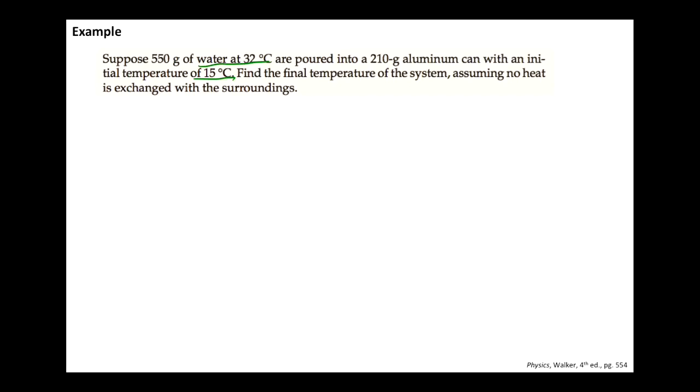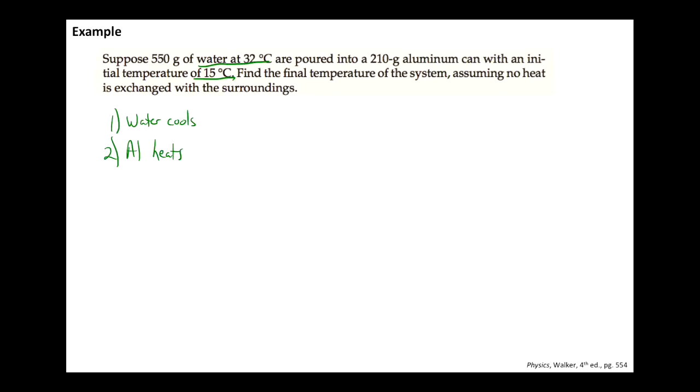We know that our final temperature will be somewhere between 15 and 32, just because of the direction of heat flow. So we could write a couple of things down. First of all, we know that the water is going to cool, and the aluminum is going to heat. Al heats. Anybody in here named Al? Because I'm going to call the aluminum Al for the rest of this problem, just because it amuses me.